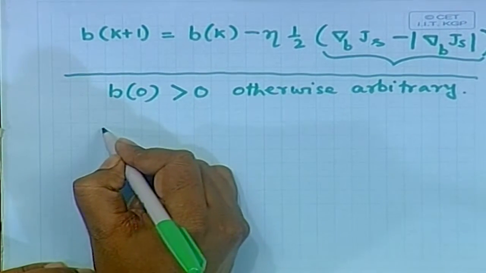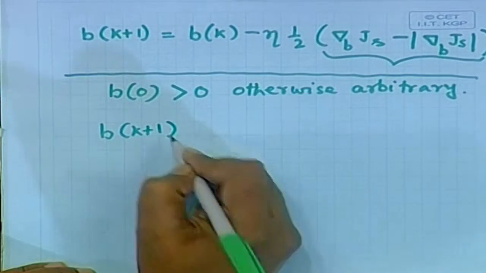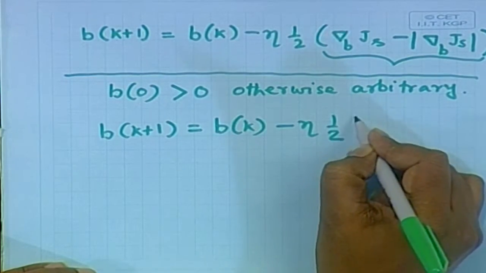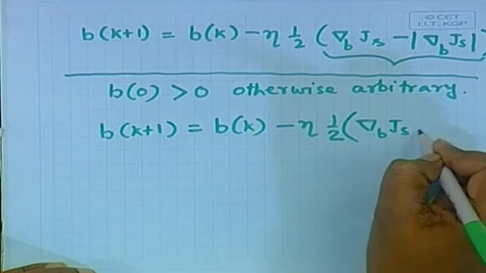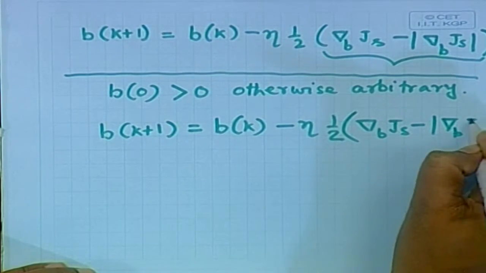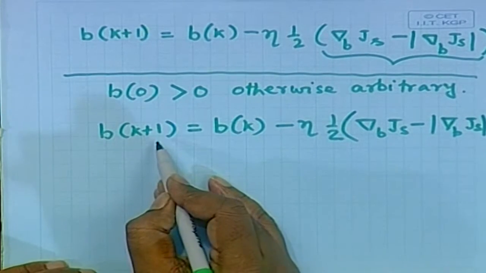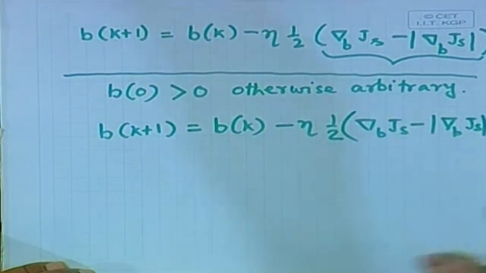And at every step, B_{k+1} will be B_k minus eta times half of the gradient of J_s minus the modulus of the gradient of J_s with respect to B. So once I have a particular value of B, I can use that B to compute the value of A, either making use of the pseudo inverse or following another iterative algorithm for obtaining A by using the gradient descent procedure with the gradient of J_s with respect to A. That is similar to what we discussed in our last class.